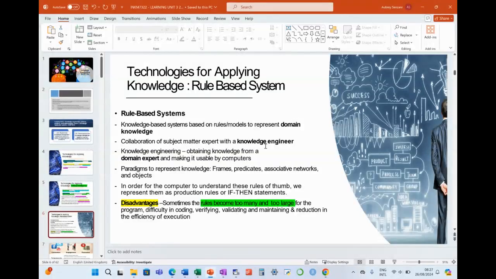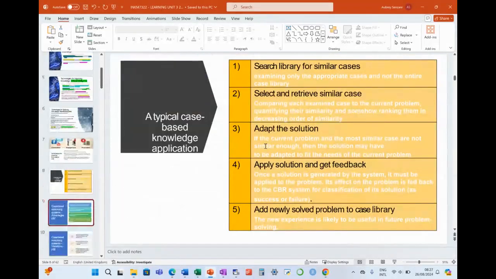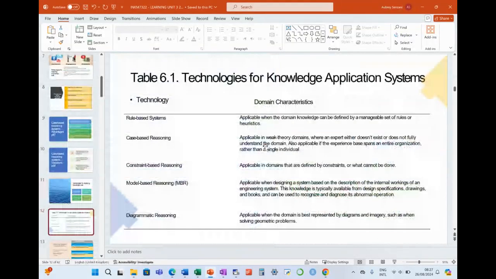So you find that we have different ways of applying these knowledge systems. Maybe the best thing to do is to start here, okay? Here you've got technologies for knowledge application systems. The first one that you have is rule-based, and we'll go back to it.